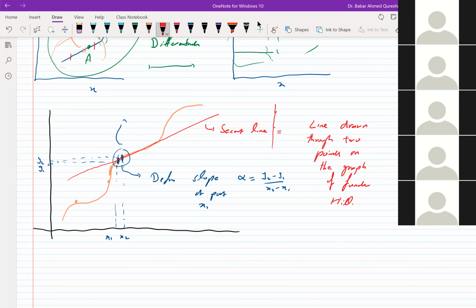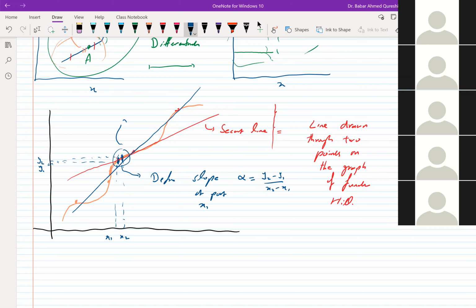I could have chosen these faraway points, let's say this one and this one, and this would be the secant line. But this secant line will not approximate the function. It will not coincide with the function between these 2 points. The function goes some other way, and the secant line is marking some other points. Only when these points are very, very close does the secant line approximate the function.